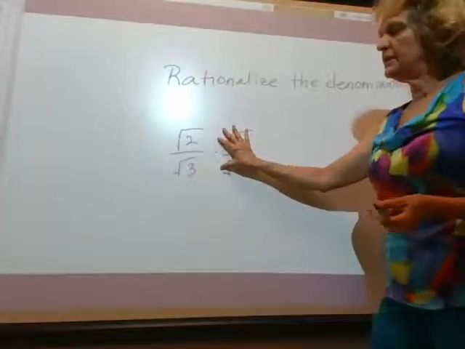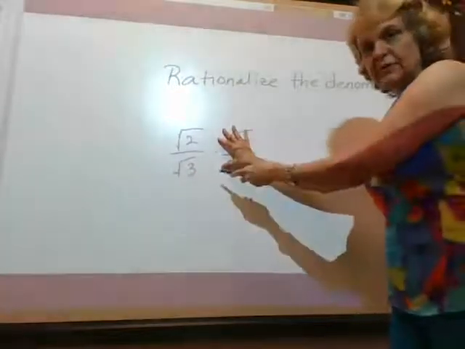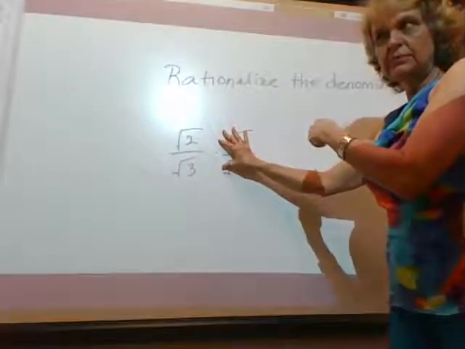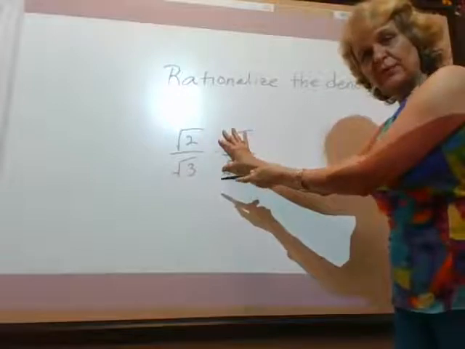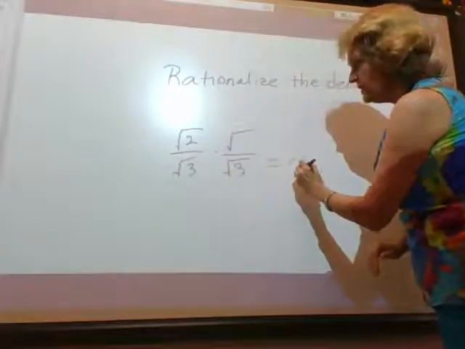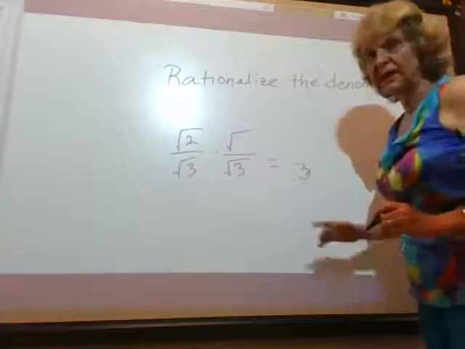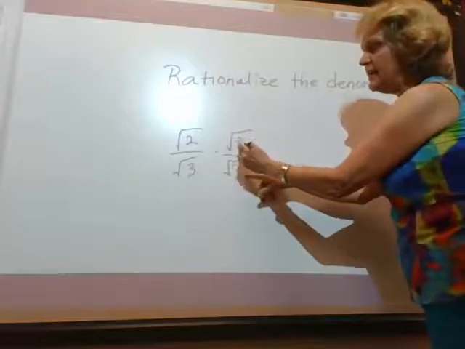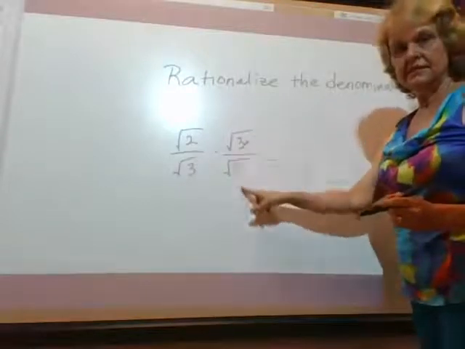Well, think about it. What could I multiply radical 3 by to get an integer to come out? Couldn't I multiply it by radical 3? Radical 3 times radical 3 would be radical 9, which is 3.